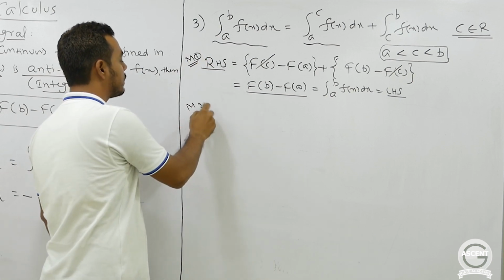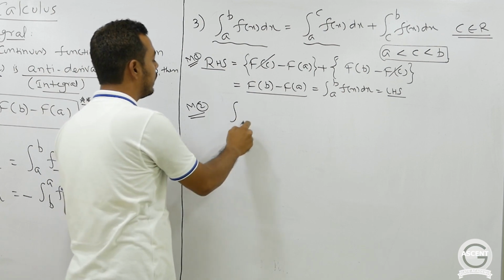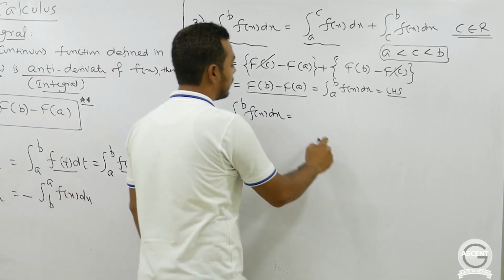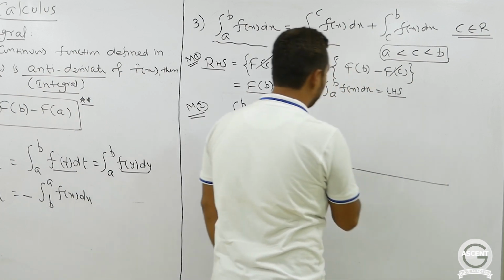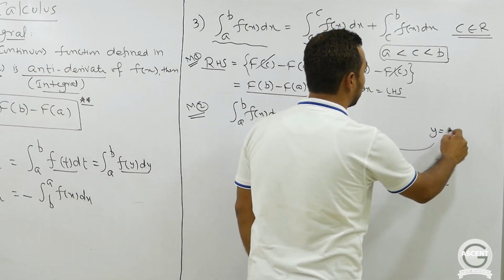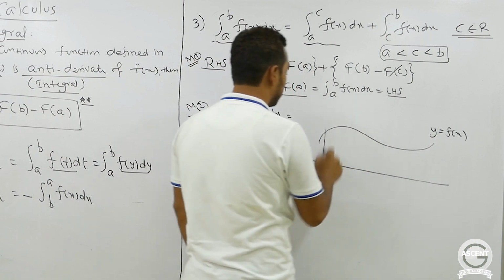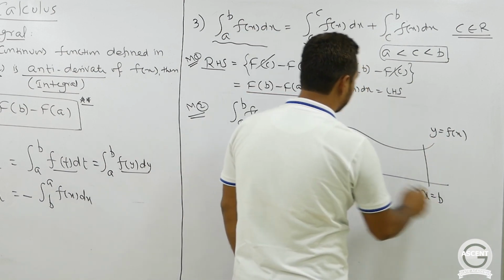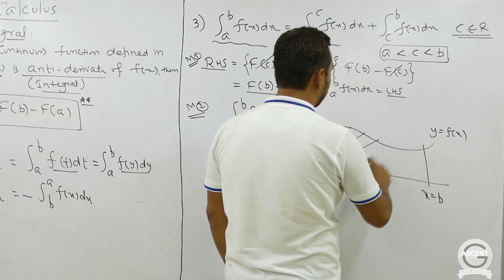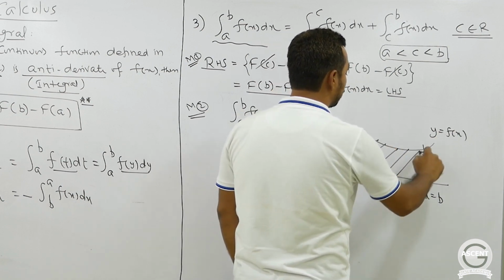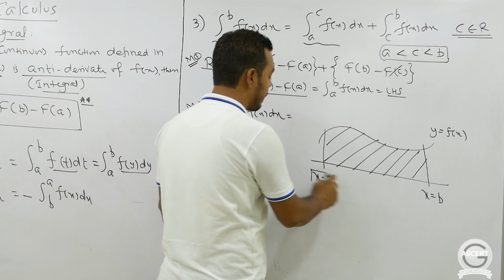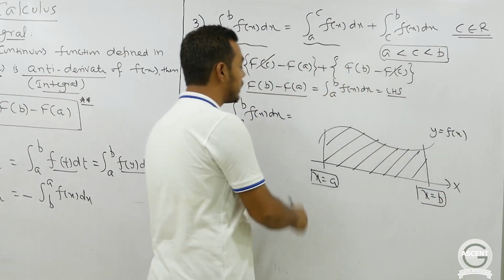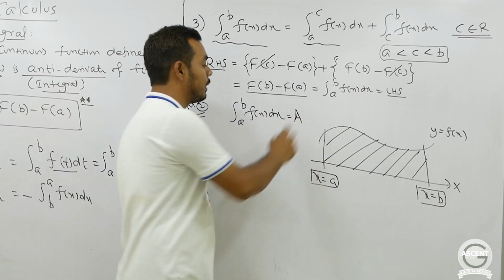Another way of looking at this result is, we all know that integration from a to b of f(x) dx is nothing but the area under this curve. Suppose you have some curve y equals f(x), then this line is x equals a, this line is x equals b, then this area under the curve between these two vertical lines, x equals a and x equals b, above the x-axis is nothing but the value of this definite integral, right?